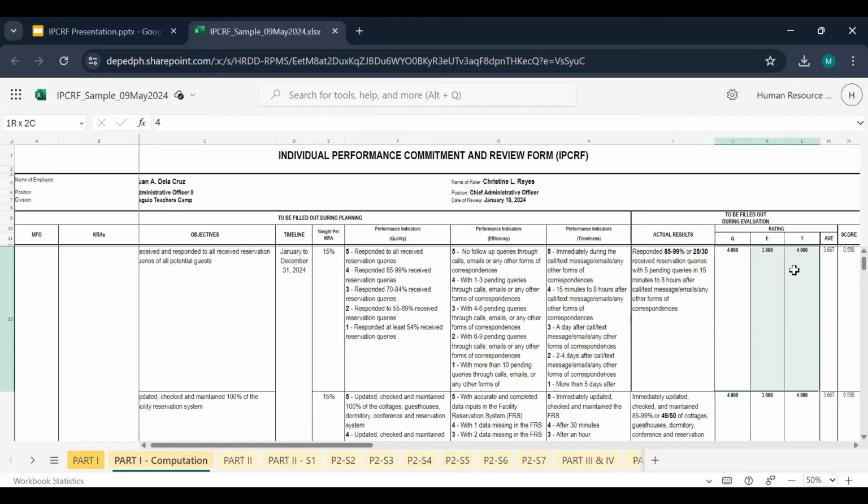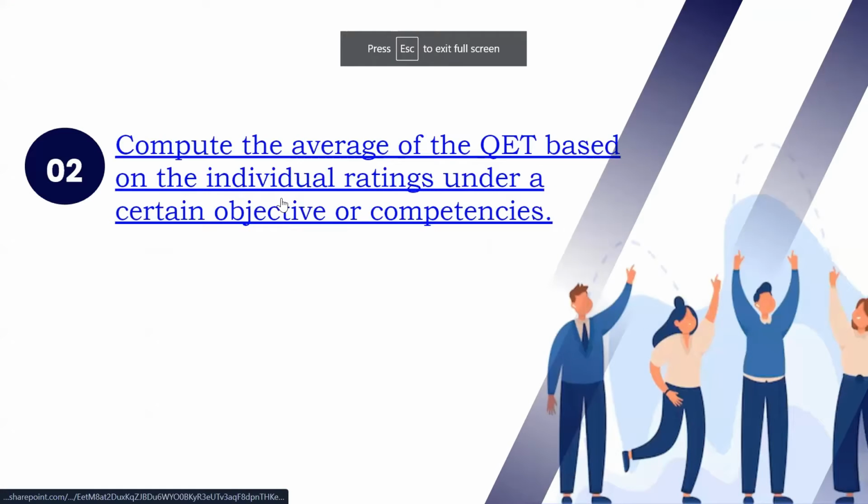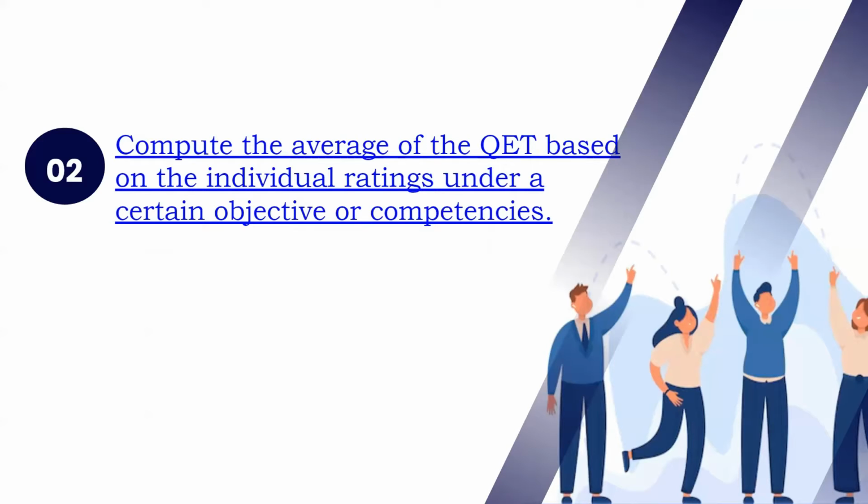So after evaluating the performance measures under quality, efficiency, and timeliness, let's proceed to the next step. Compute the average of the QET based on the individual ratings under a certain objective or competencies.